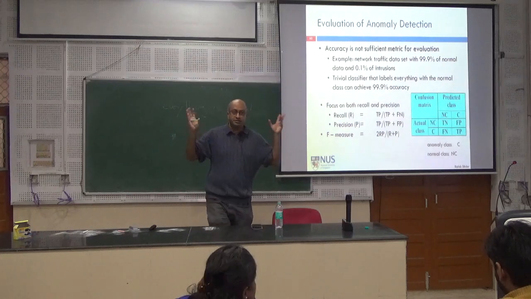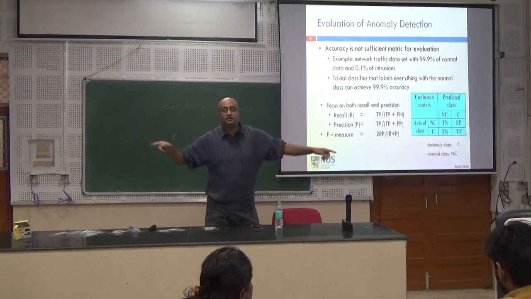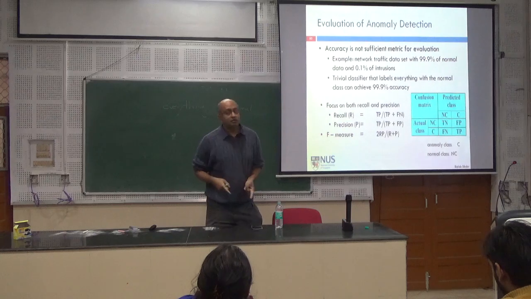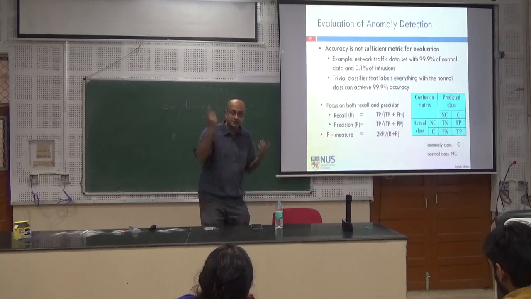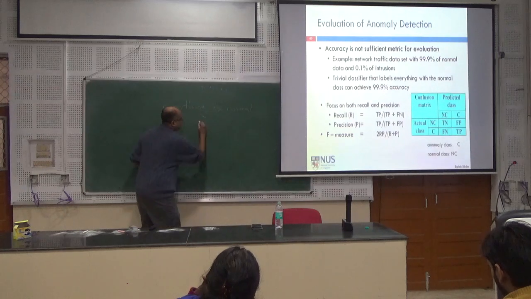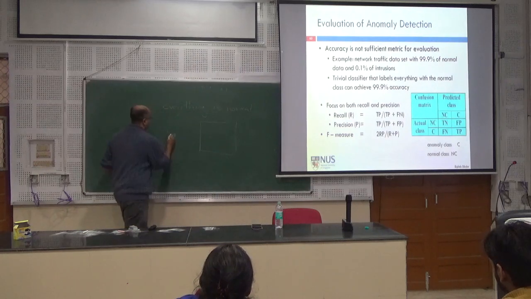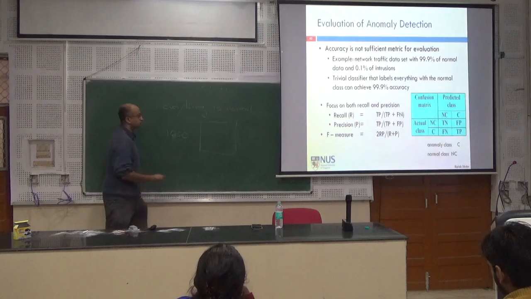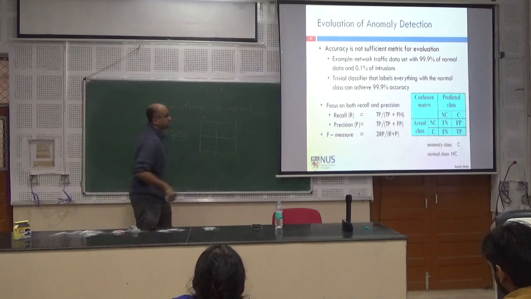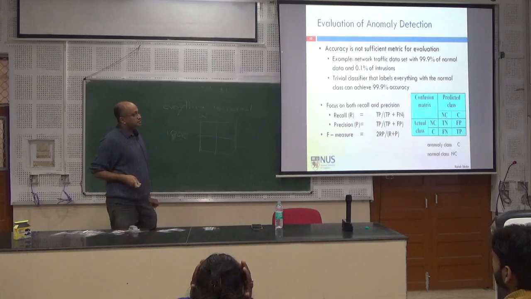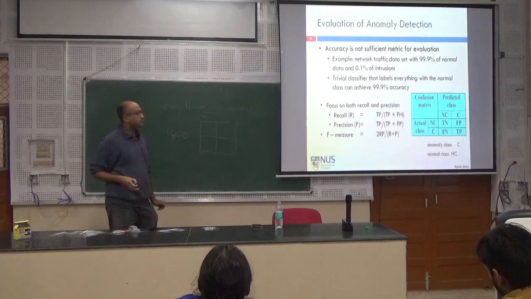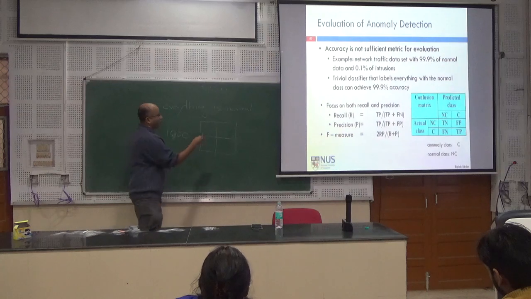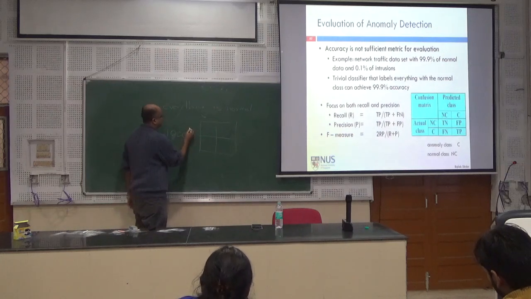This is not very, what are you doing? But this is a valid classifier. As a classifier, it's a classifier. It says everything is normal. Now you evaluate its accuracy. How well did it perform? I had 1,000 samples. What I will say is everything is normal. And how many were really normal?